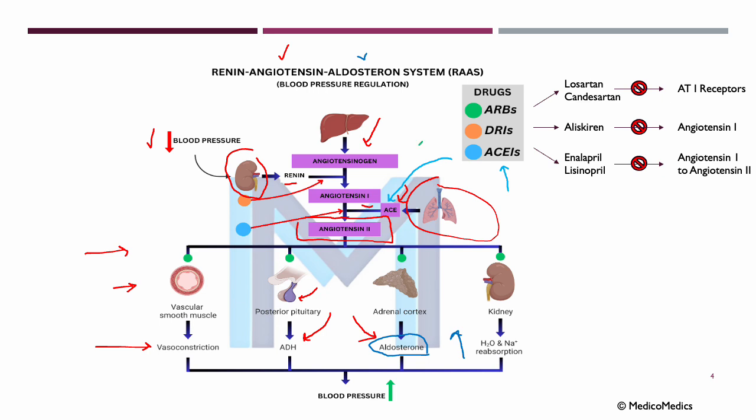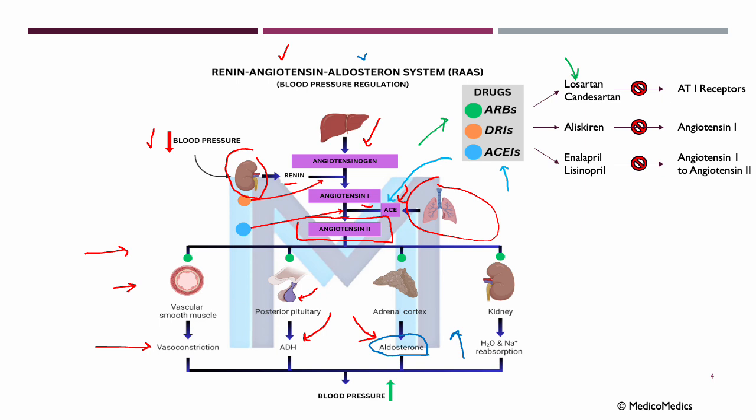Another group are the angiotensin receptor blockers, or ARBs. One example is Losartan. And these block the angiotensin 1 receptors.